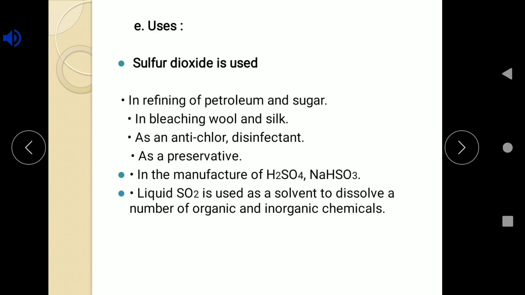Draw the structures of ozone and sulfur dioxide, and give the reducing property of sulfur dioxide by using various examples. So, this is all about the assignment. Thank you.